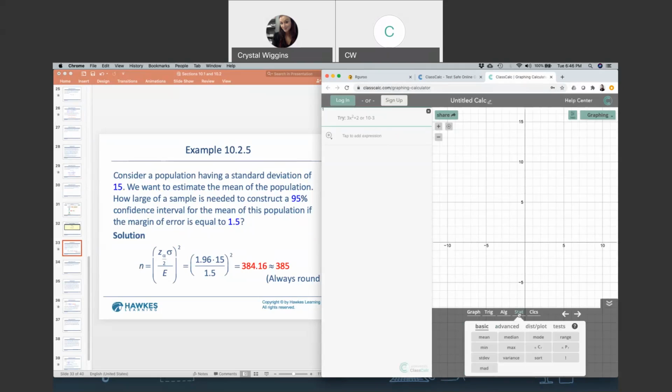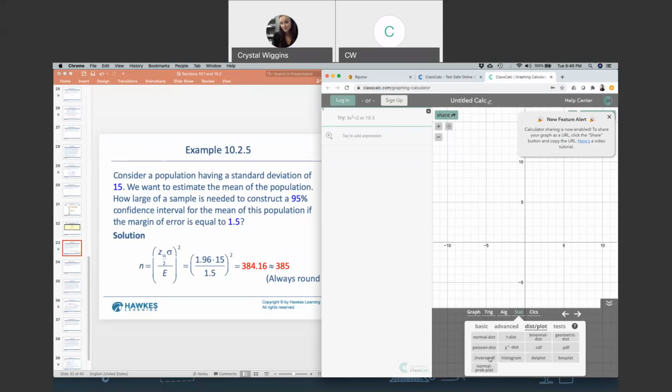Now, you're probably going to have to replay this video a couple times to remember these steps because we don't use class calc very often, but this is the quickest way to find that critical value. And you can use this for both. Maybe you can't use it for the t. I don't see the inverse t showing up here.